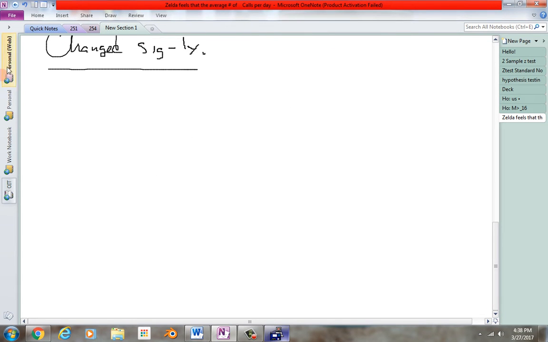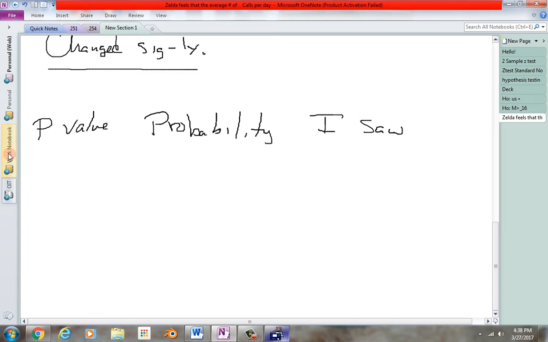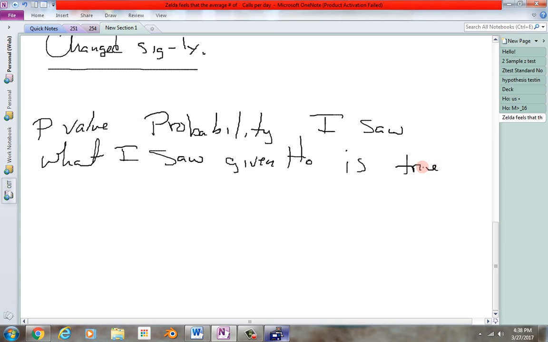But if you never got that, the easy way to remember it: a p-value is the probability I saw what I saw, given H naught is true. Okay?